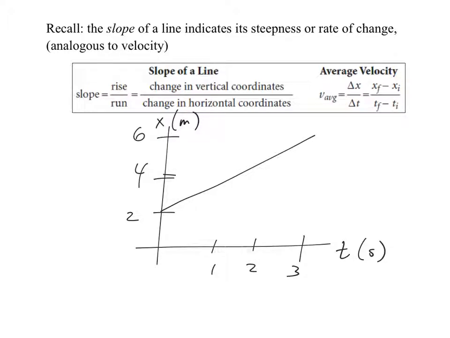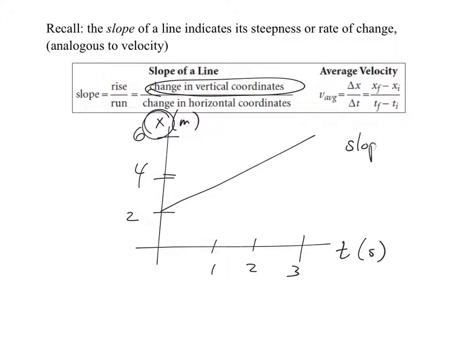But the idea here is that if I look at my slope, this is something in the lab that people really struggled with. The slope in the lab should have been pretty much close to pi because it's circumference over diameter. That's the connection there. If I look at the slope, it's the change in the vertical coordinates. Well, the vertical coordinate is the displacement.